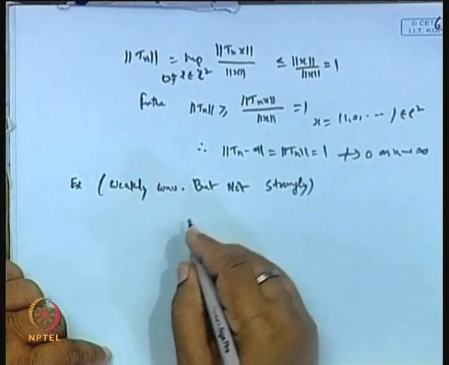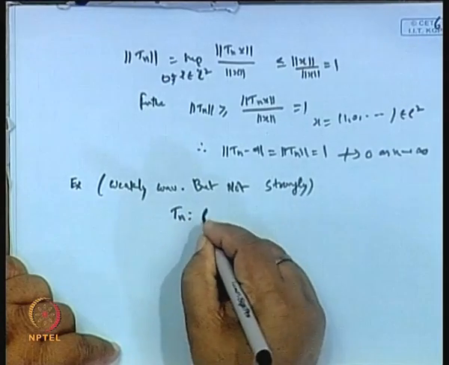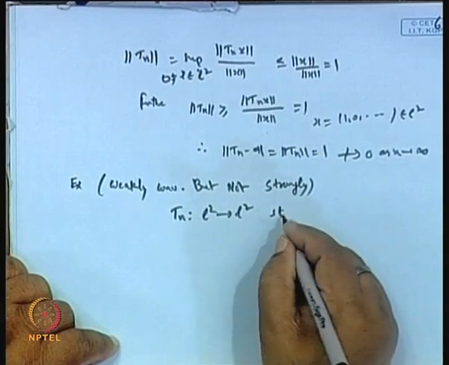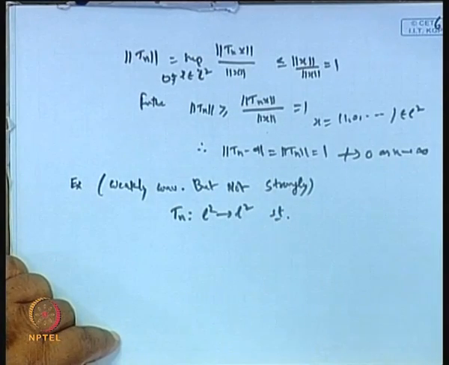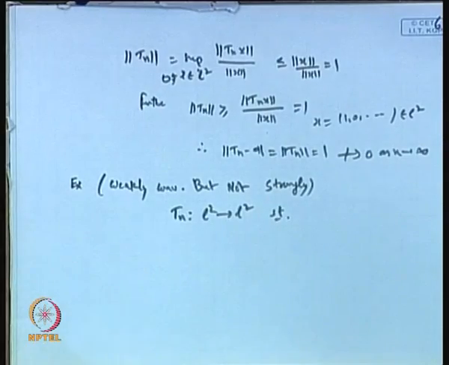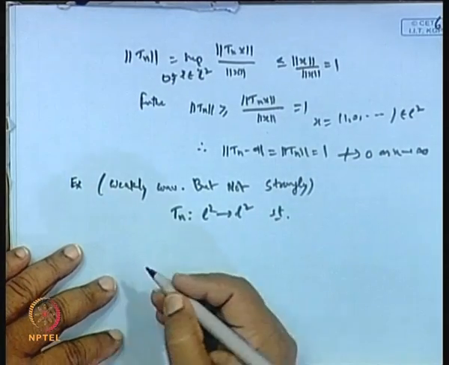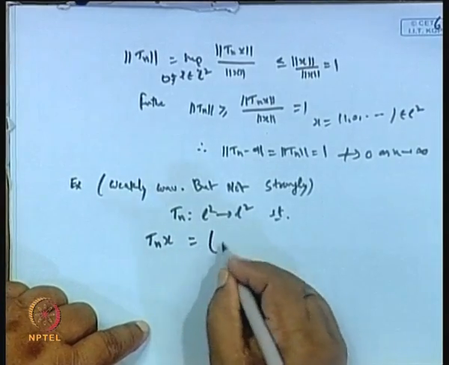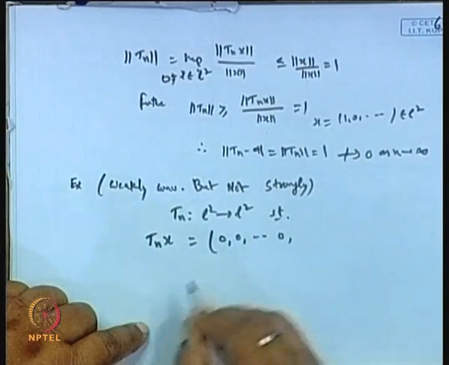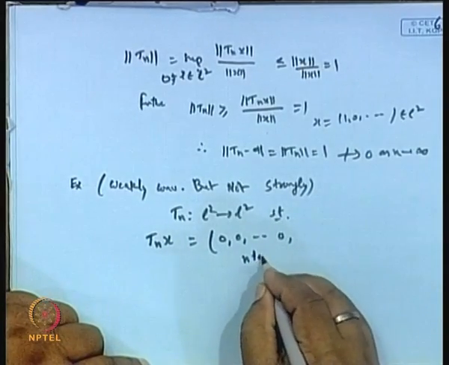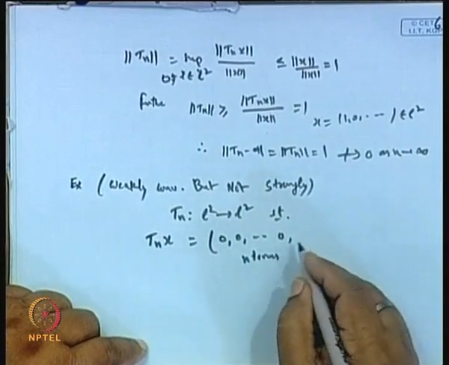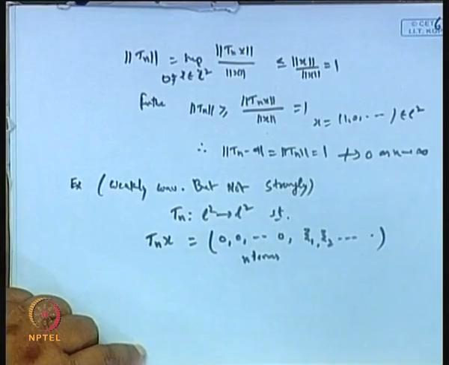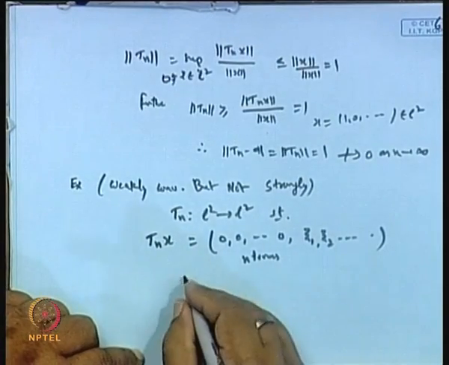So, define an operator T_n from L2 to L2 such that T_n x equals (0, 0, 0, ... up to n terms, then xi_1, xi_2 and so on).